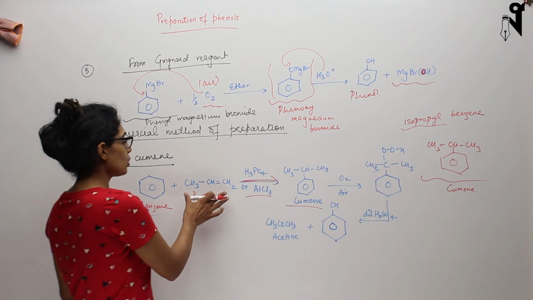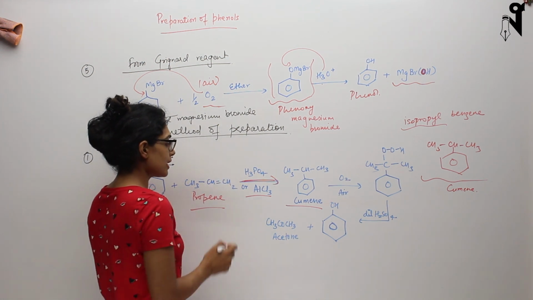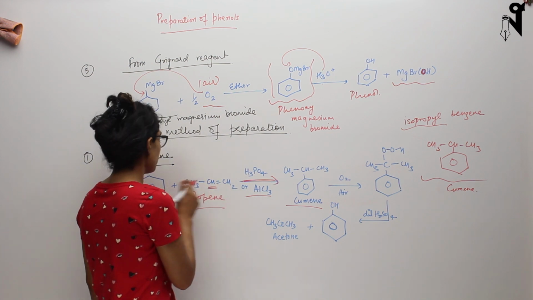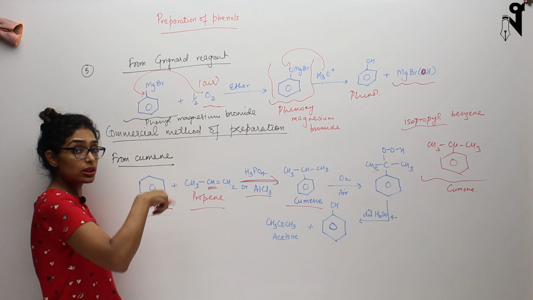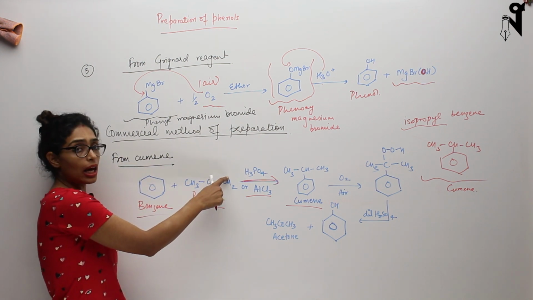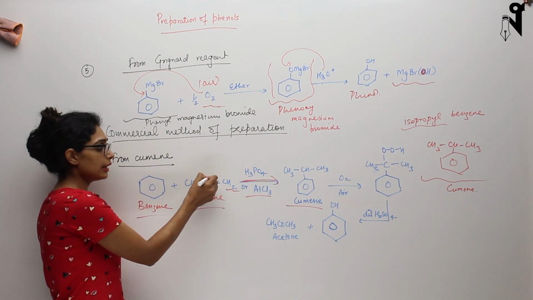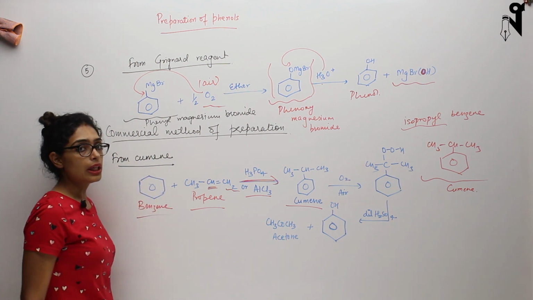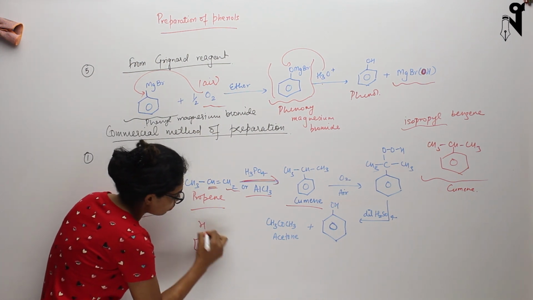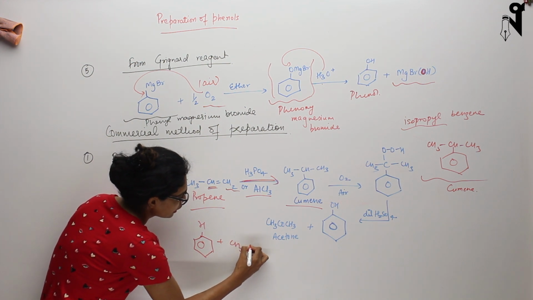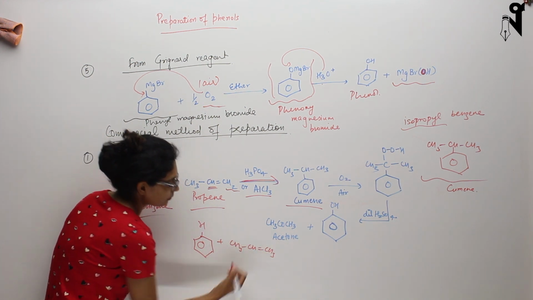So this propene gets hydrogen from an acid, becomes CH3, and this carbon gets attached. Or you can also say that the benzene's hydrogen comes out, gets added on the carbon over here, forms CH3, and this carbon gets attached from that point to the benzene. So basically I had a structure like this: a benzene with hydrogen and CH3 CH double bond CH2.